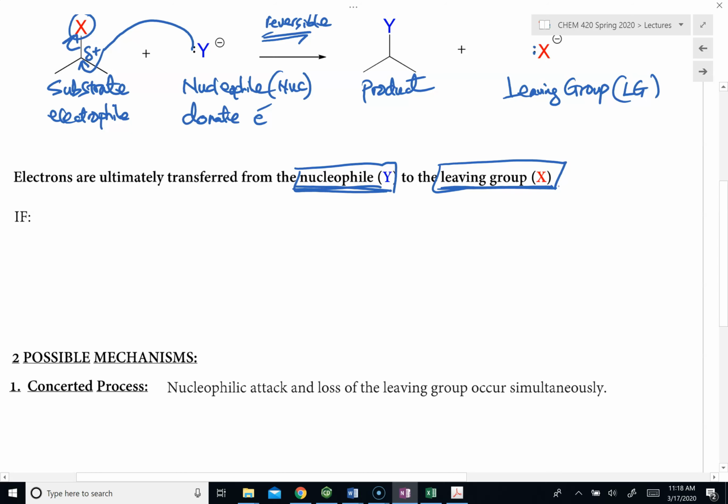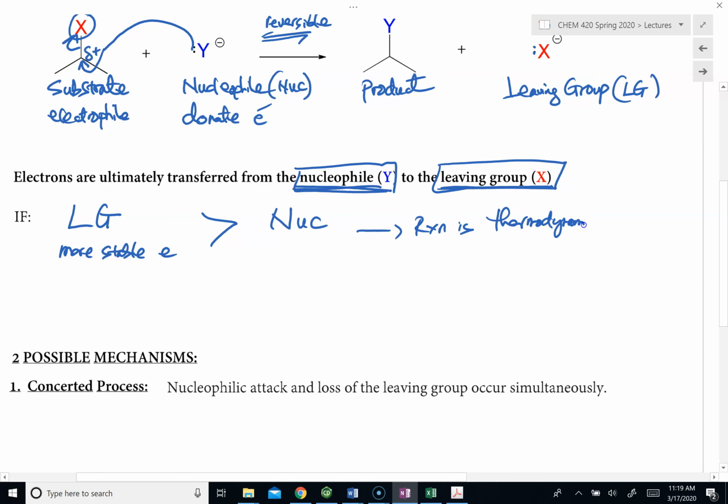If the electrons are more stable on the leaving group, so let's say the leaving group has more stable electrons than the nucleophile, then this reaction will be thermodynamically favored.